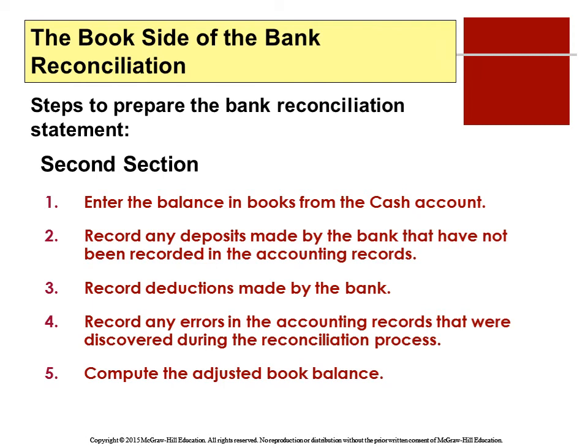Finally, we want to compute the adjusted book balance. It's not the real book balance, it's the adjusted book balance, because now we had the balance, we added the extra stuff, it is our new adjusted book balance. It's taken everything into consideration. Of course, you know that both the book balance and the bank balance have to be equal.